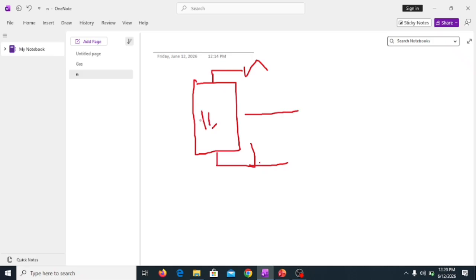Let's call this the HP, high pressure separator, and for example we have the low pressure separator here. By the time the pressure has been reduced, it will dump into this low pressure separator.